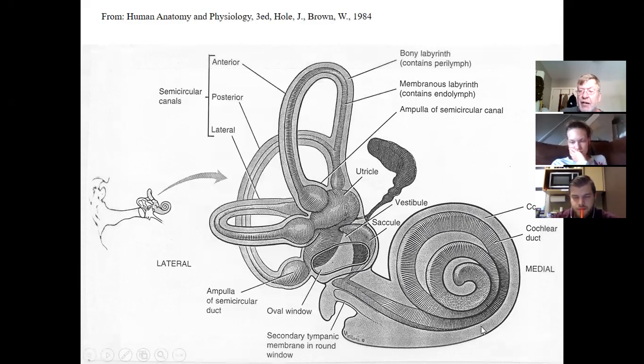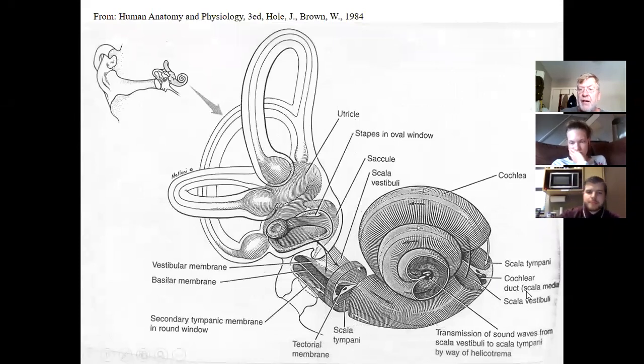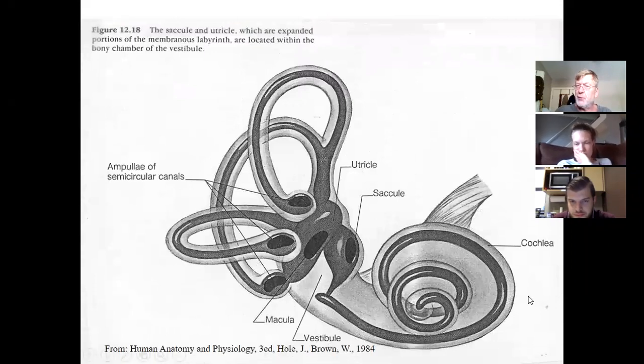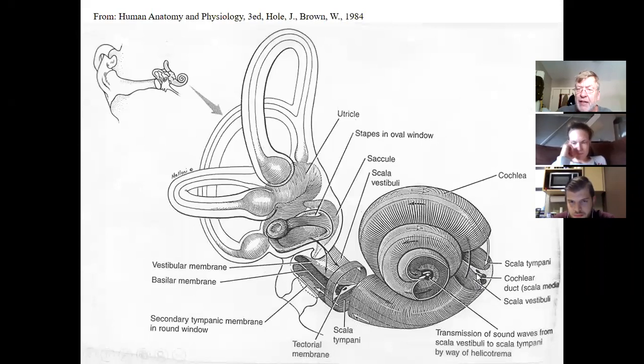But notice the triangular shape of the membranous labyrinth. So in a way, it's not really like a round hose inside. The more accurate description is that it's attached to one side. Here's the membranous labyrinth, shaped like a triangle, and it's attached to the back here.